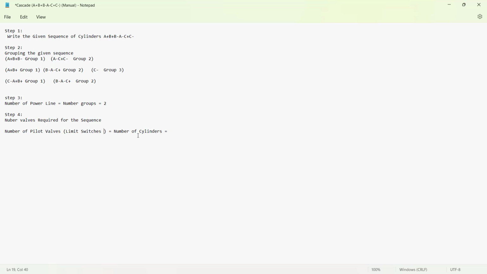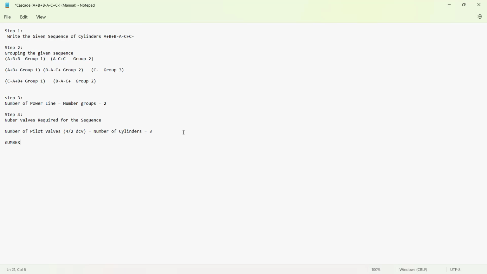Number of pilot valves is equal to the number of DCVs required to operate the cylinders, which is equal to the number of cylinders. Each and every cylinder requires one DCV to operate it.